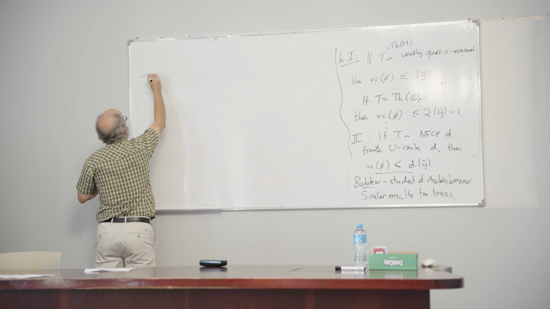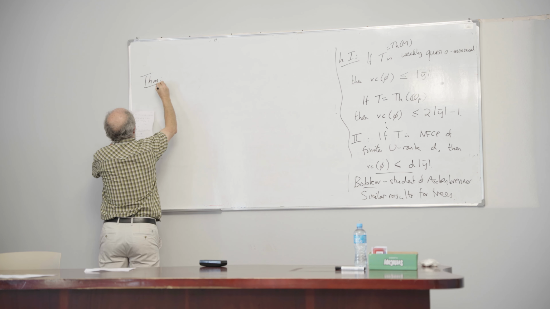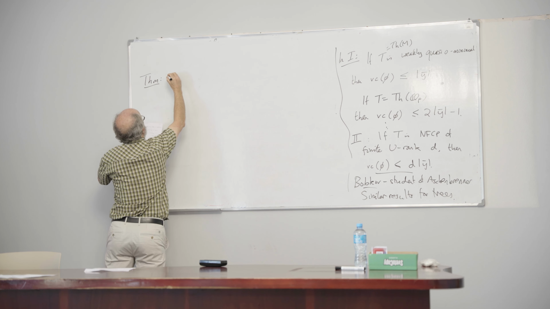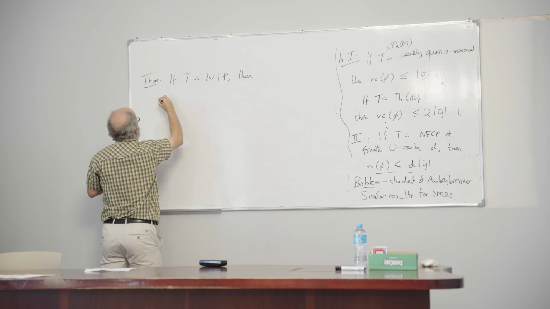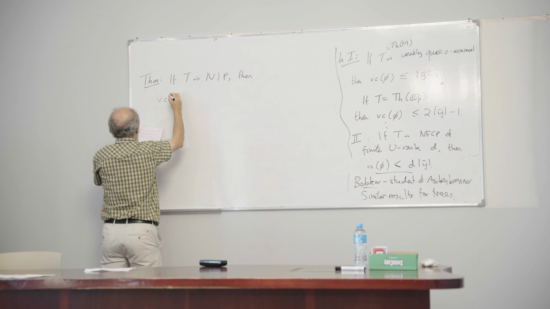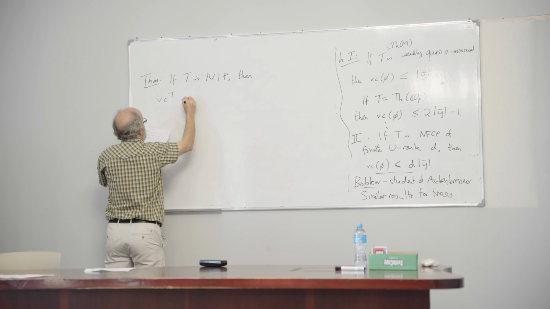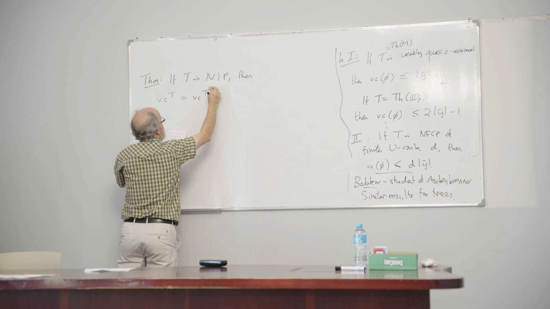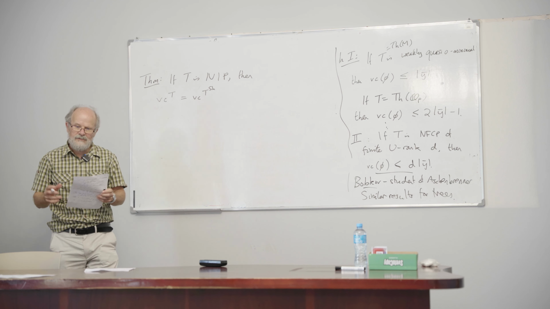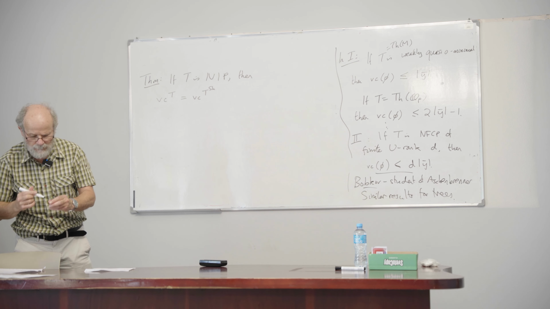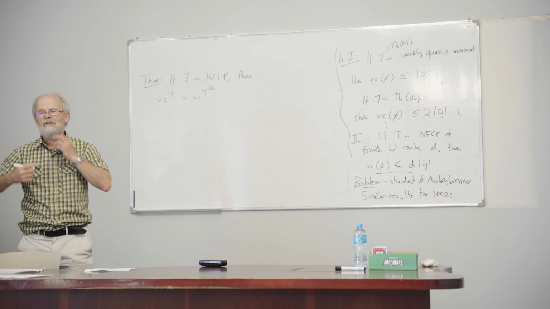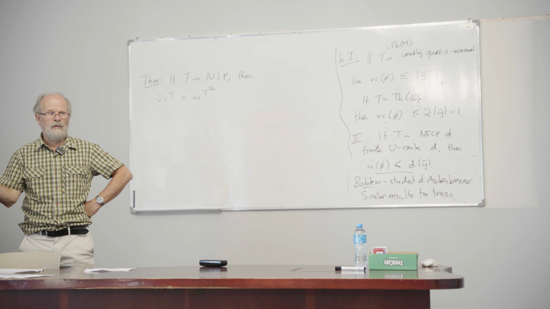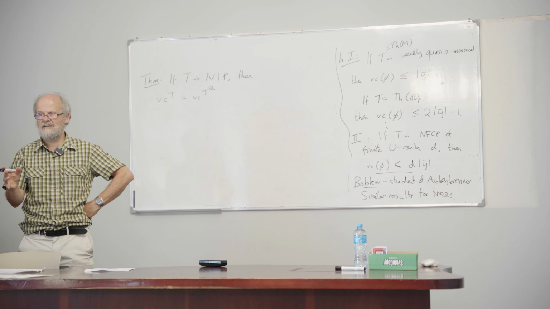I'll mention a couple of results related to this. So a theorem that if T is NIP, then VC_T equals VC_T Shelah, so that's the Shelah expansion where you add predicates for all externally definable sets.